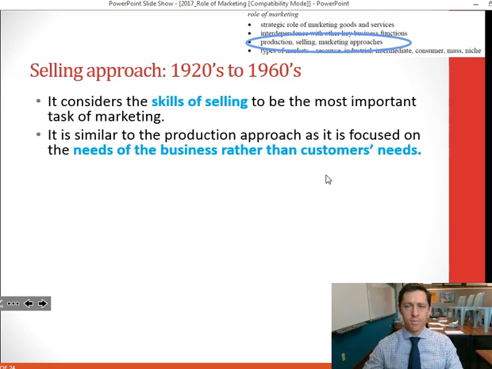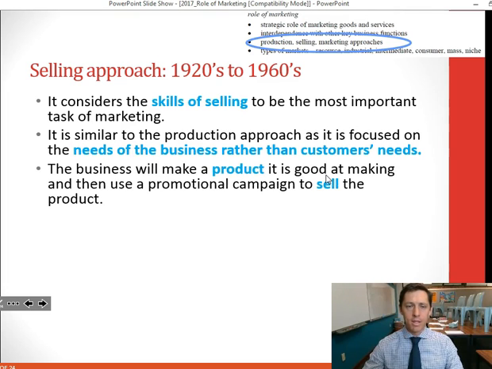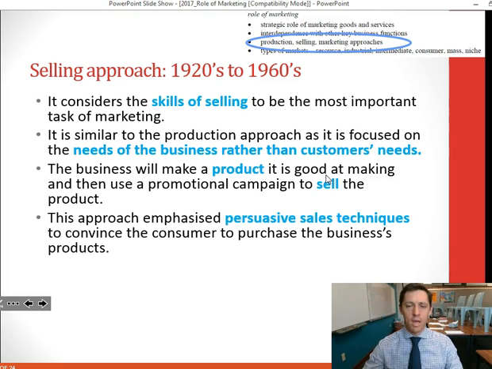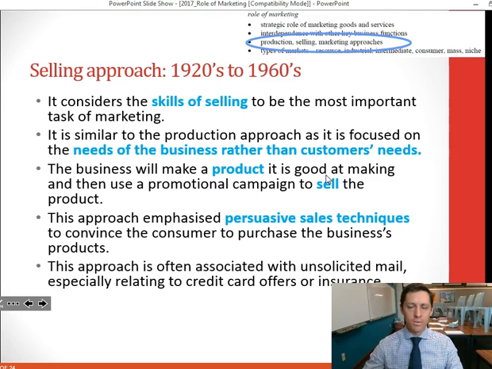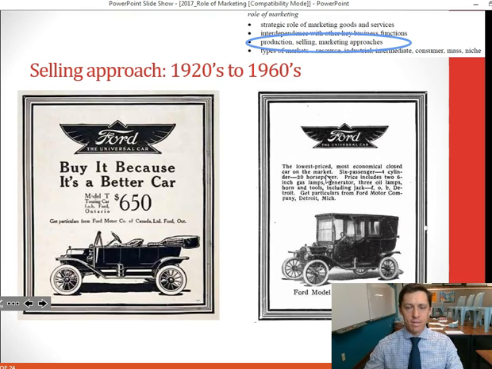This is similar to the production approach in that it focused on the needs of the business rather than the customer, but the business began to put in place selling strategies to attempt to sell products to those customers, and it emphasised those persuasive sales techniques to attempt to convince the customer, and through that there was use of such things as unsolicited mail, so getting flyers in your letterbox, for example, to try to push sales techniques and thoughts through to the customer. And you can see some examples of these that the Ford Motor Company used through this period, through the mid-1900s.